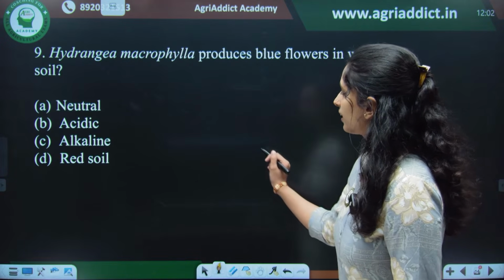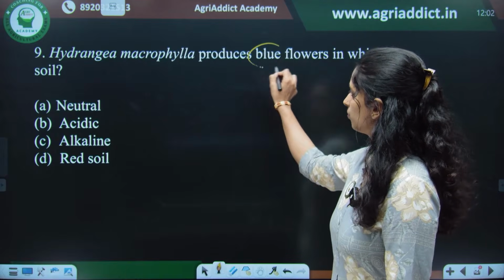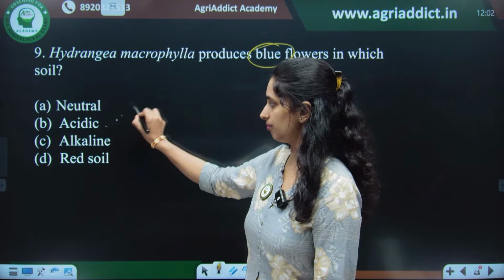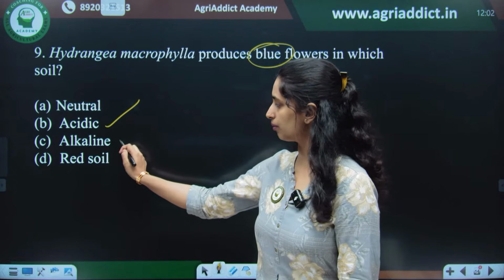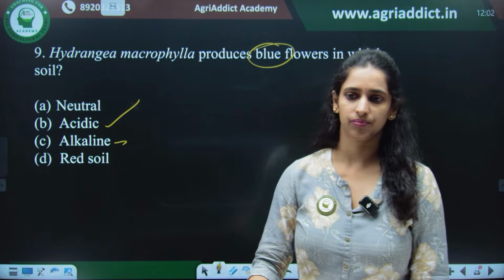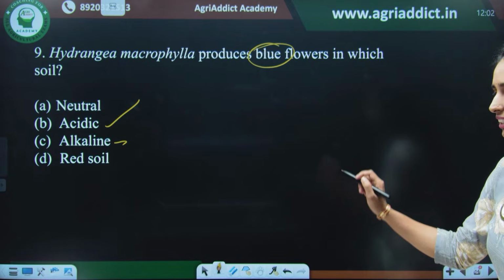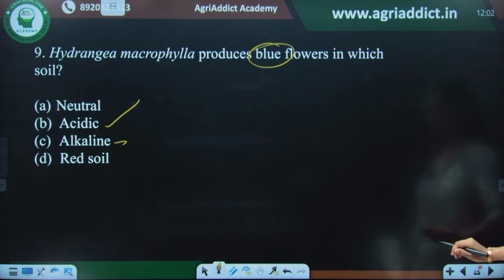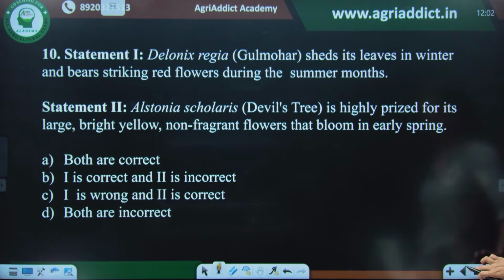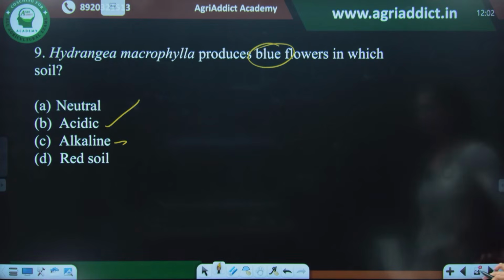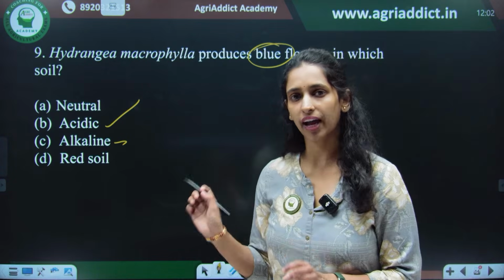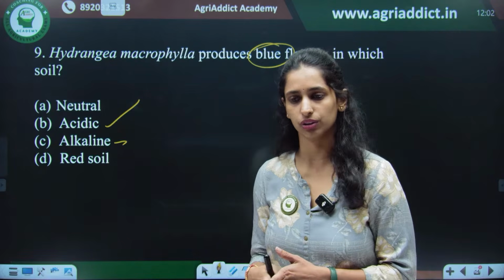So इसका answer है, they are asking blue. Blue in acidic soil. Okay. If alkaline soil means it will be pinkish. Gaurav, it's the right answer. Answer is B. So इस टाइप का क्वेश्चन में ना एक्सप्लेनेशन करने का कुछ जरूरत ही नहीं है, just a fact type question. So I will cover more questions.